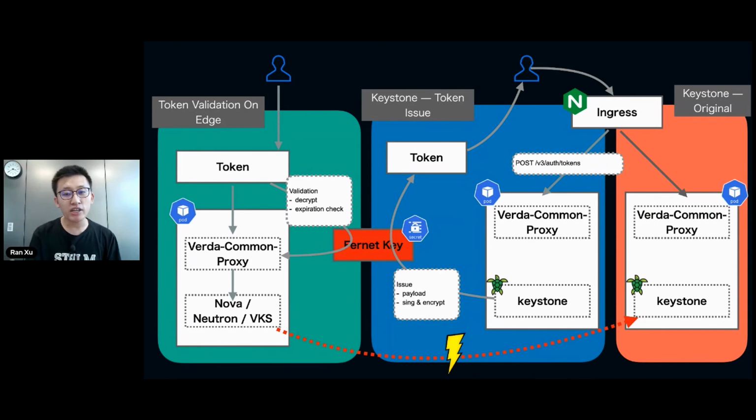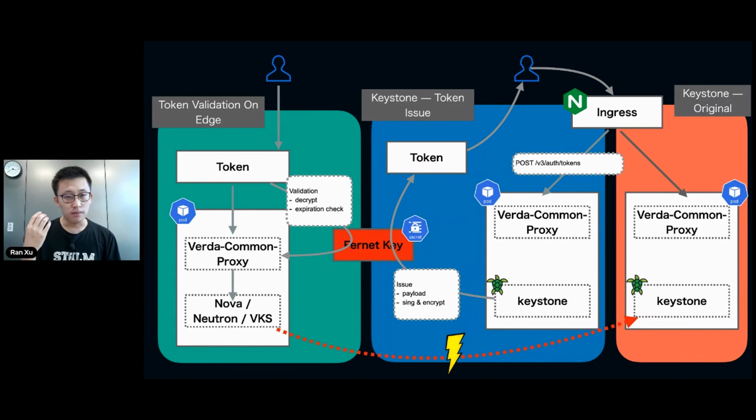The authentication logic will not be coupled with another logic. In the middle of this graph, you can see here, the Keystone service for the authentication purpose will have its own life cycle.